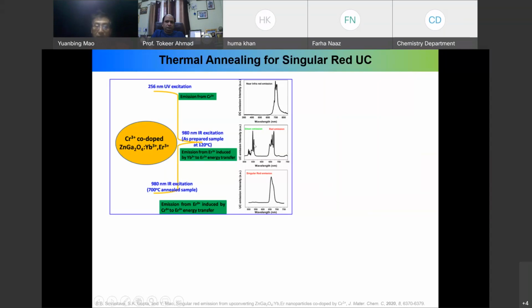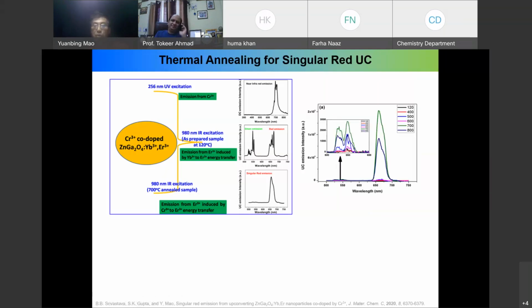So this emission is good. But once we further anneal these nanoparticles at 700 degrees Celsius, and then take the upconversion again, what happened? Now we only get a single red emission, and the green emission has almost disappeared, right? What makes that change?